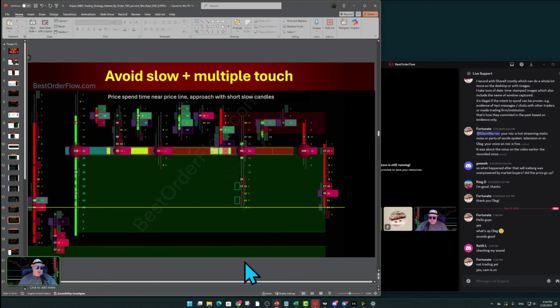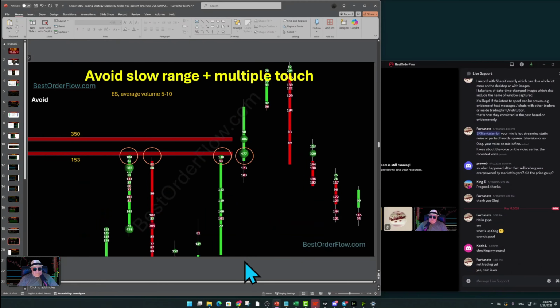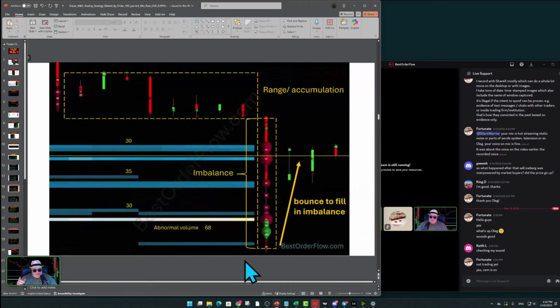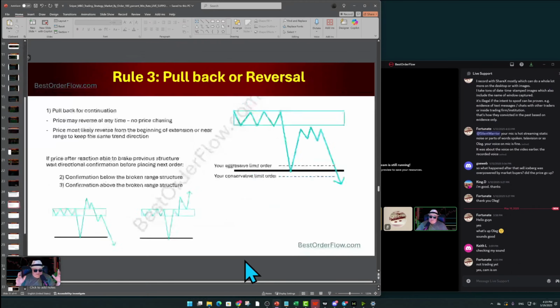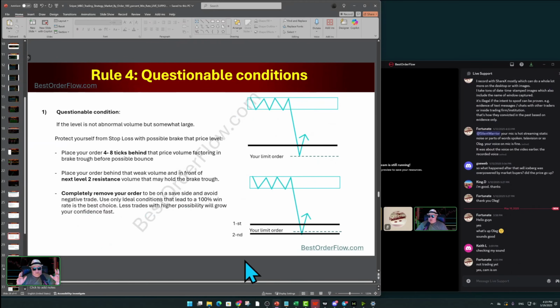Now the point is that when we rely solely on an MBO and don't factor in anything else, anybody can get a bunch of false positives. Specifically, I'm using MBO on the Asian session, the early Asian session before London.